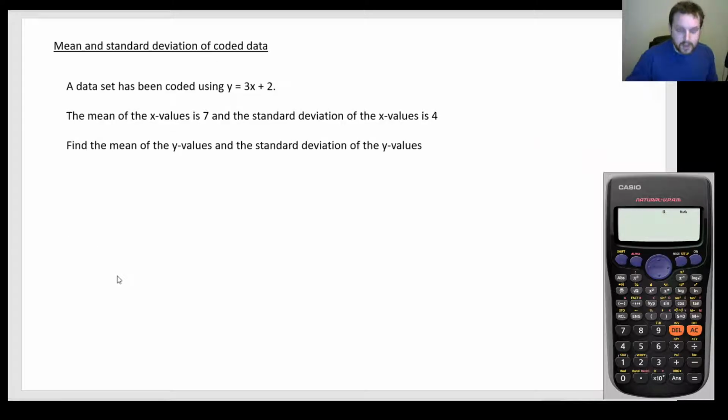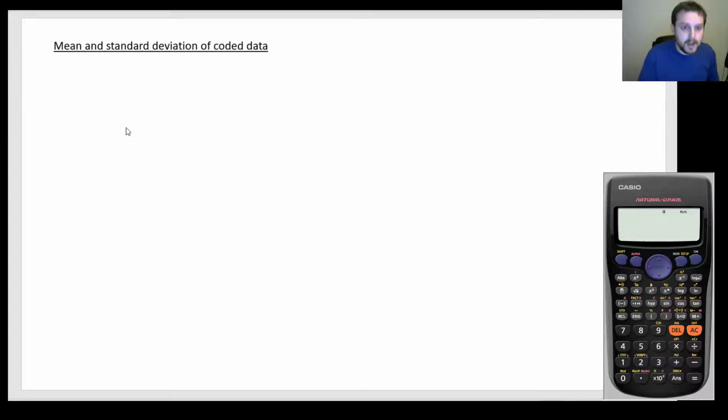So what coded data is basically, you've got some original values. These are your X numbers, your X values, your original bits of data. So let's actually do this first without even a question. How it might start out would be something like this.